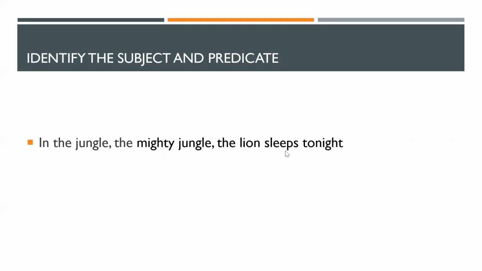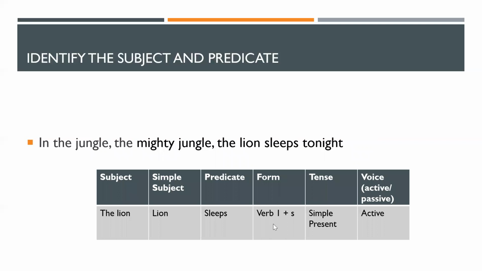And then what happened to the lion? The lion sleeps. Sleeps here is verb 1 plus s. So if you have verb 1 plus s, you have simple present tense. If you have verb 1 plus s, it will be also active. Karena akan tidur dengan sendirinya, right?